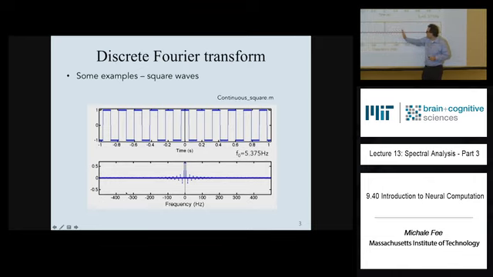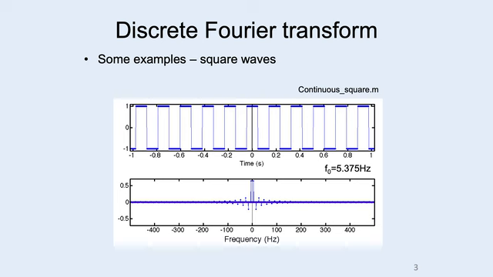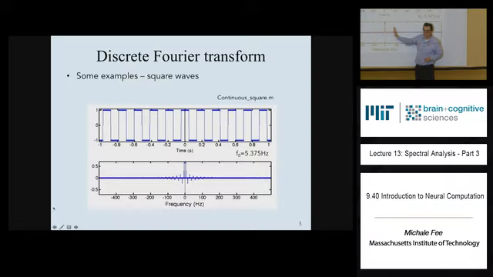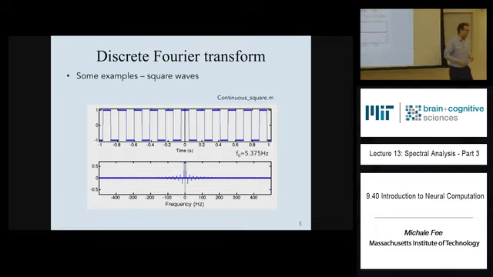These peaks get bigger and bigger. And as you go to a train of delta functions, the Fourier transform of a train of delta functions in time is just a train of delta functions in frequency. The spacing between the peaks in frequency is just 1 over the spacing between the peaks in time. Make sure you know that.